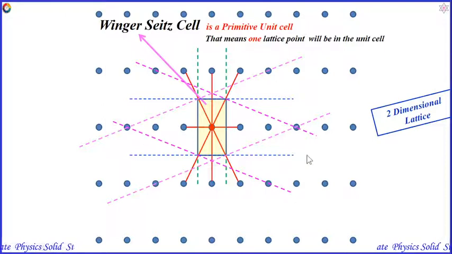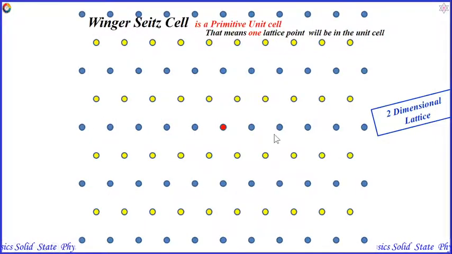Okay, now we have to consider another lattice. Here we can see these are the lattice points. See, along the x-axis this is the gap. Okay, along the y-axis this is the gap.